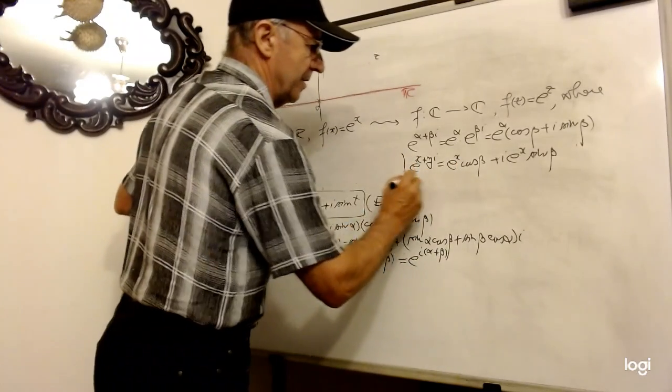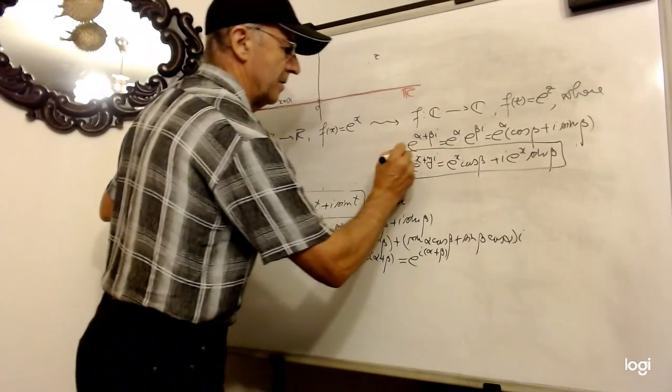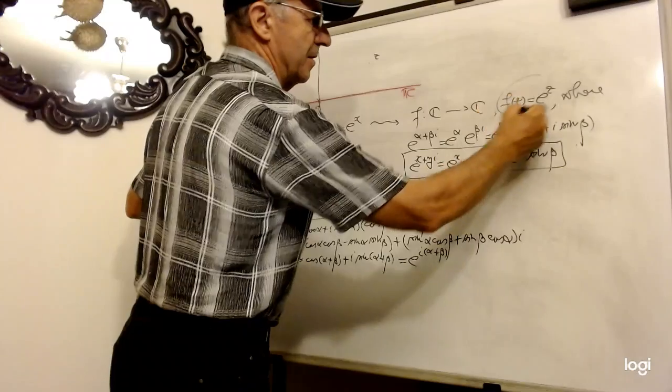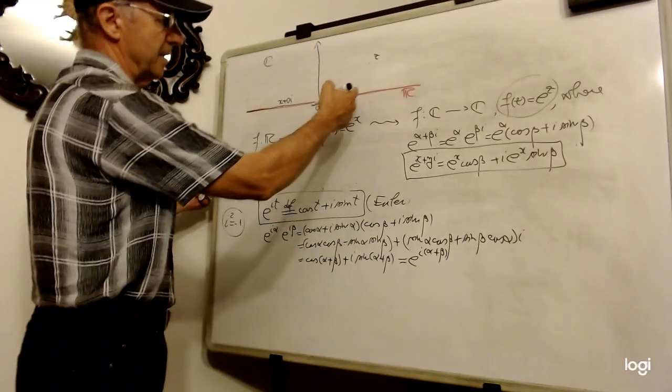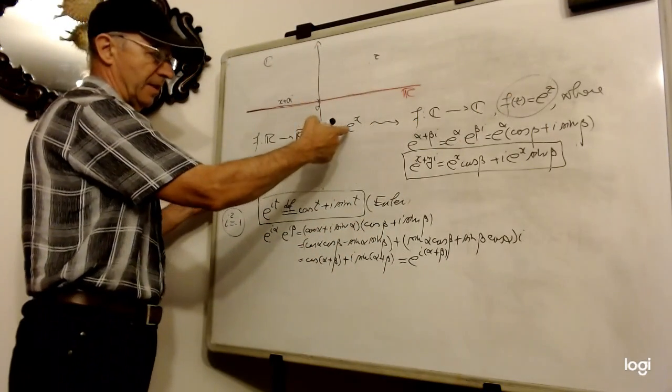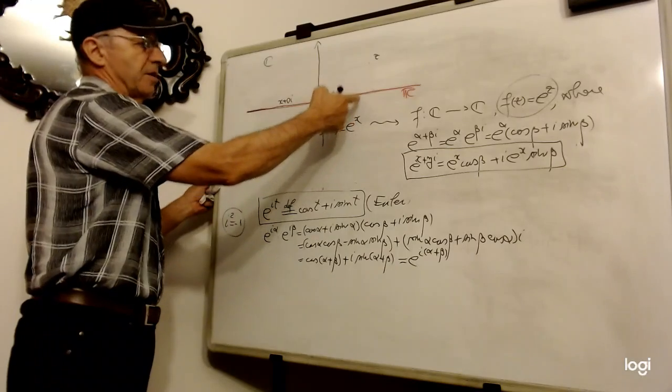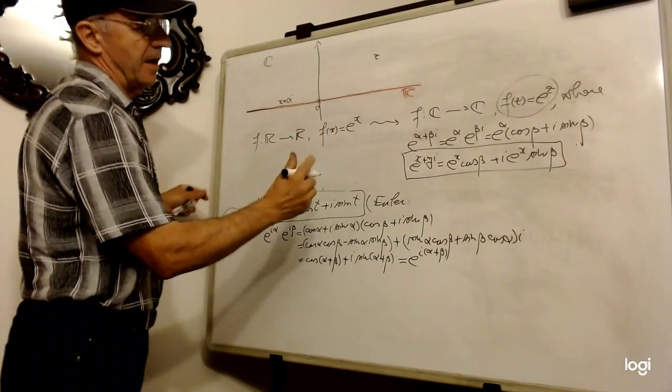This is the explicit definition for this function, which extends the exponential function outside the real axis.